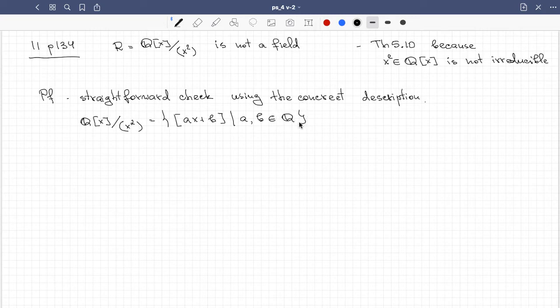I did not use the fact that x squared minus 2 was irreducible to write that in the previous problem. It was just a polynomial of degree 2.